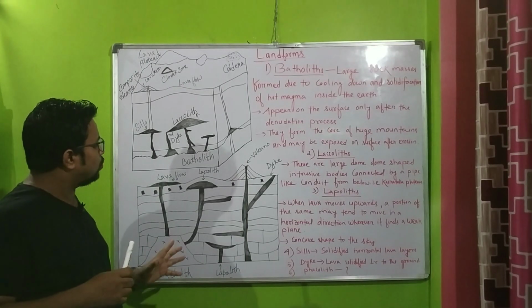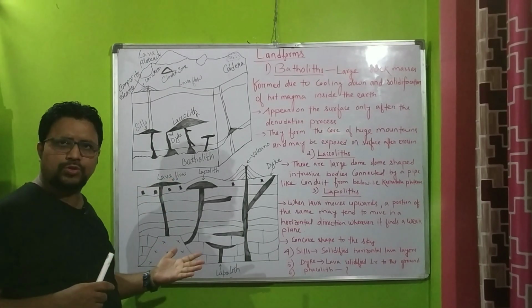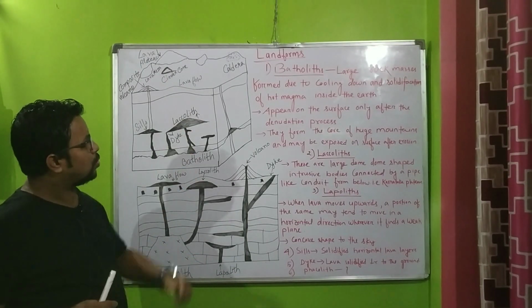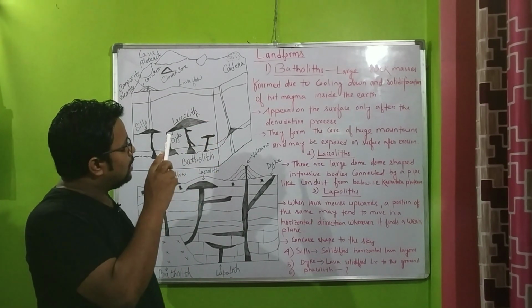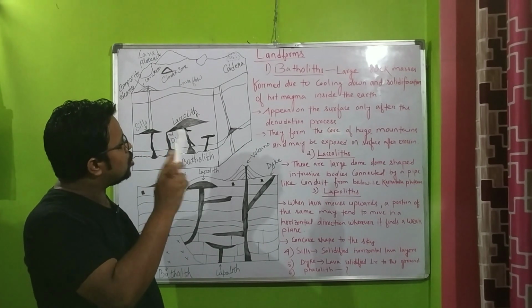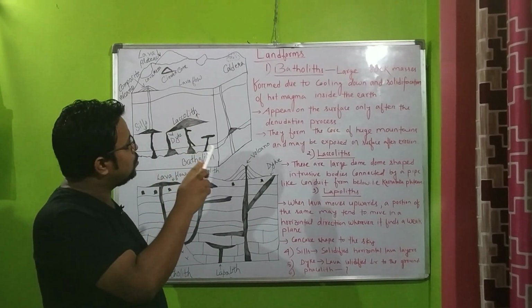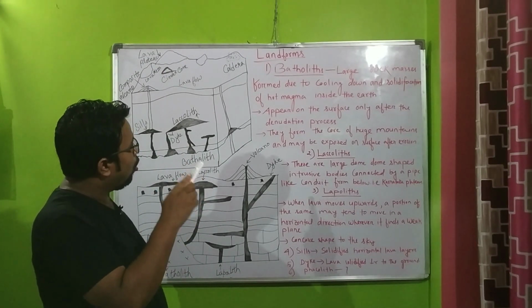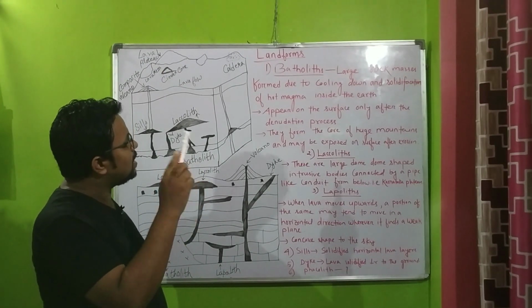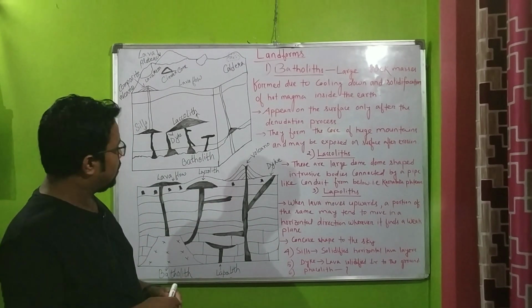Now, we will discuss the intrusive landforms. First, batholiths. Batholiths are large rock masses formed due to cooling down and solidification of hot magma inside the earth.